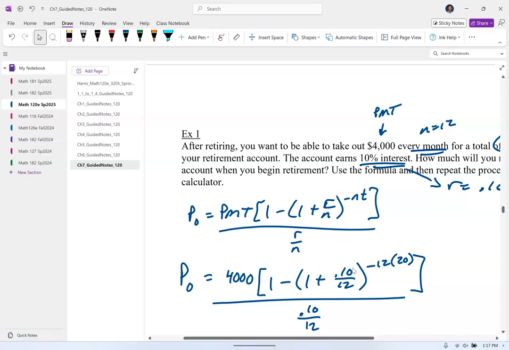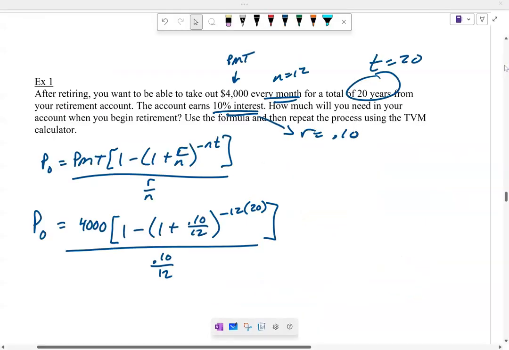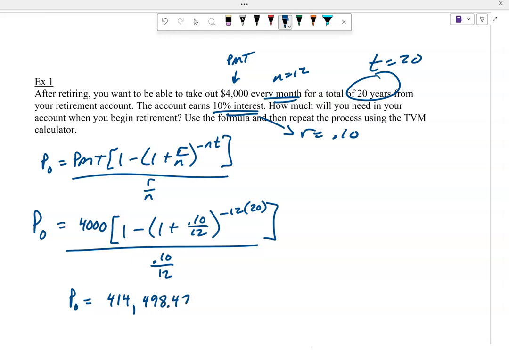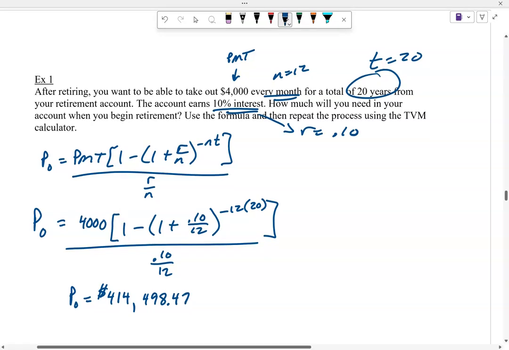Now that's if you're making 10% on that money still. So you better start with that much money if you're going to have it drained out completely in 20 years. Now let's do that with our time value of money calculator.